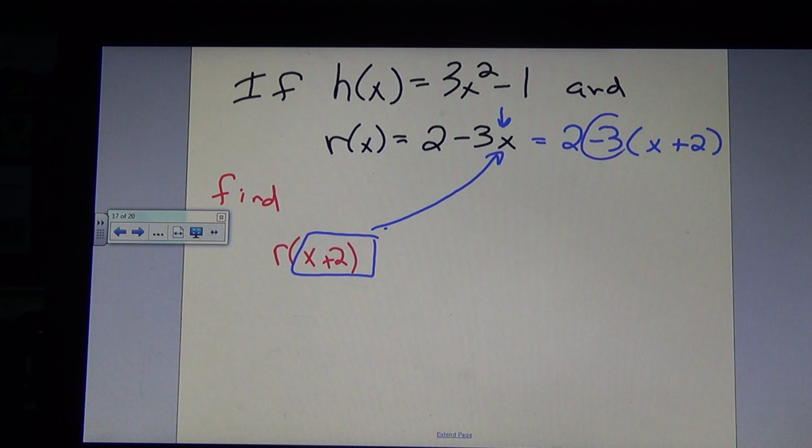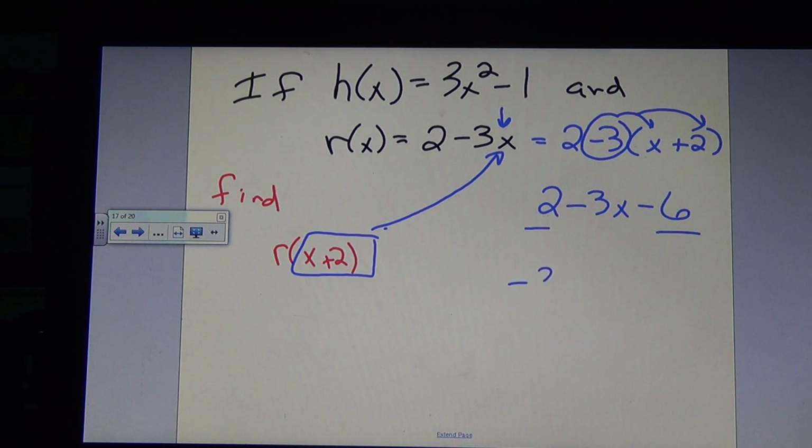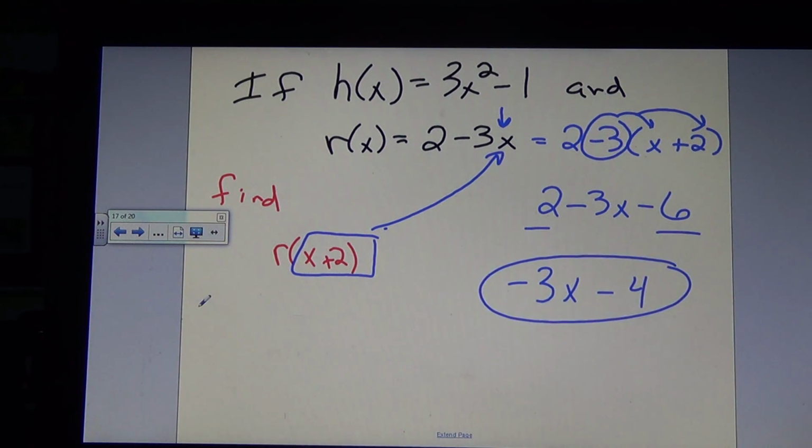What do I do with this negative 3? It's in front of the parentheses, you must distribute that. So I'd leave the 2 up in front, not doing anything with that. Get a negative 3x and get a negative 6. And last step here, combine like terms. 2 minus 6 gives me a negative 4, and there is my solution.